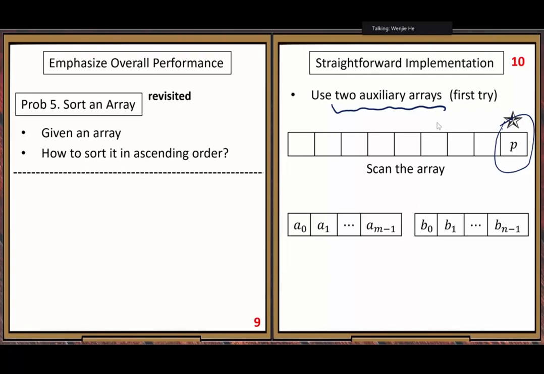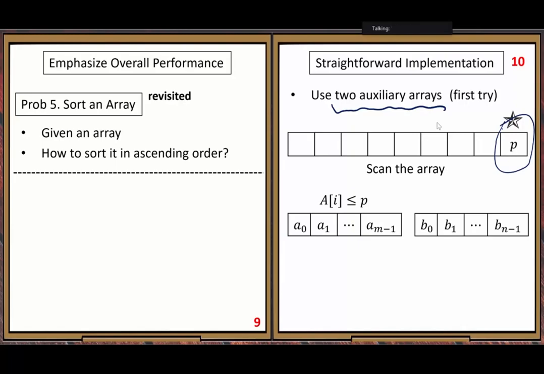When you pick an element from capital A array, if the value of the current element is less than or equal to P, then we drop it in the A auxiliary subarray, because here we use the first auxiliary array to store the elements of the A subarray.